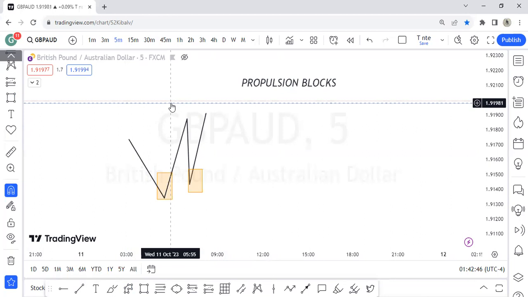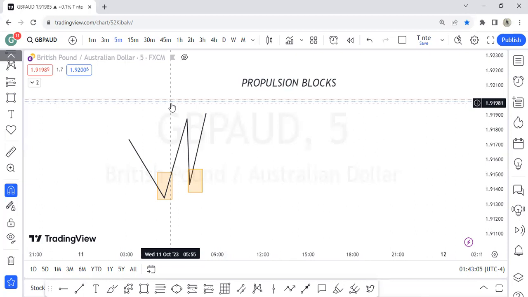So propulsion blocks are similar to order blocks, just that they are order blocks within an order block. Understand that a propulsion block is an order block inside or on an order block. It's like a layer upon a layer, or a house upon a house.